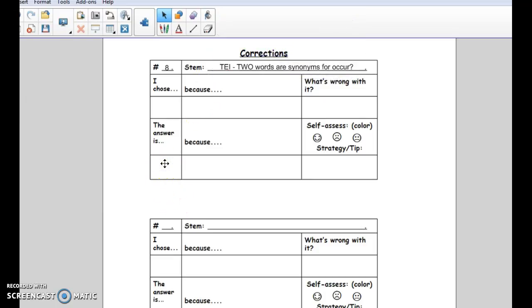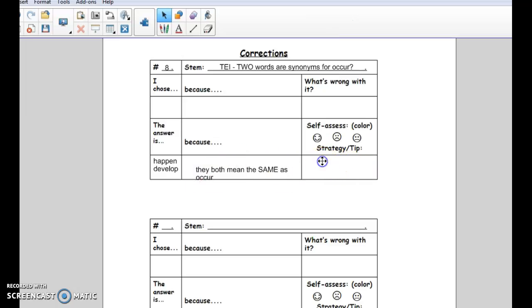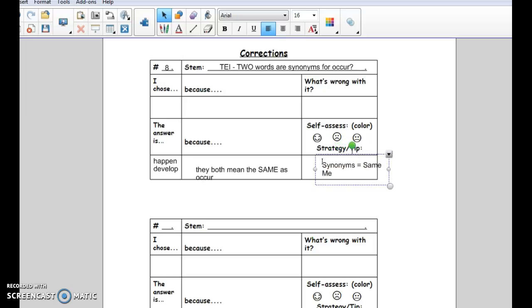The correct answers were happen and develop, because they both mean the same as occur. The strategy would be synonyms mean the same. Ask yourself the meaning. And then plug into sentences.